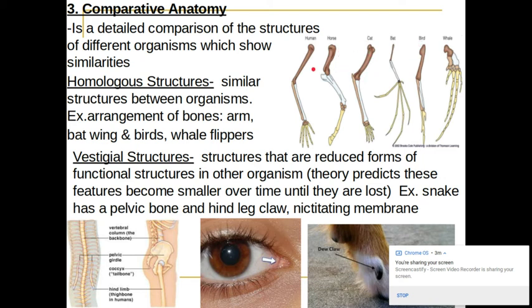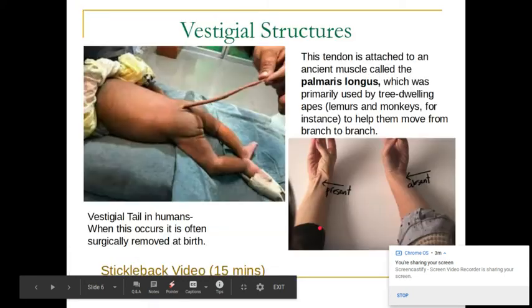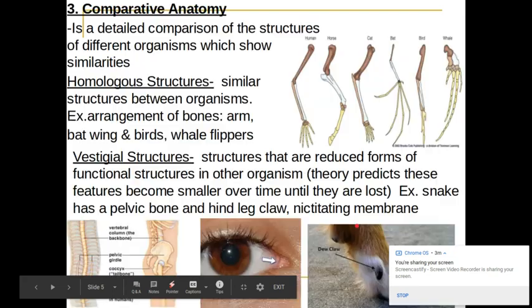Vestigial structures. These are structures that are reduced forms of functional structures in other organisms. The theory predicts these features become smaller over time till they are lost. Now, I love this one right here in the eye. That's a great shot. Can you see it? The nictitating membrane, it's called.